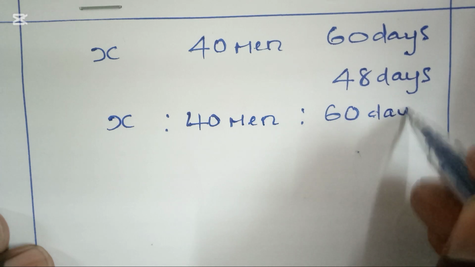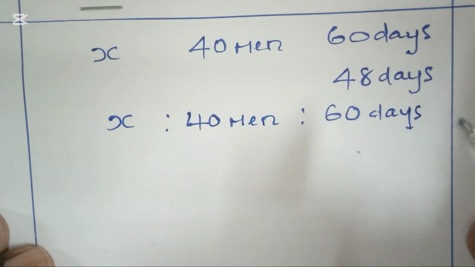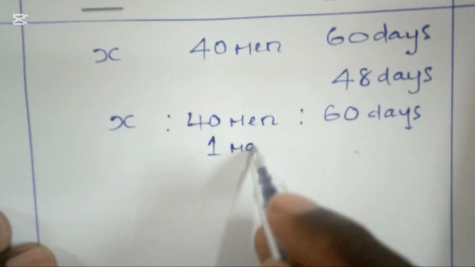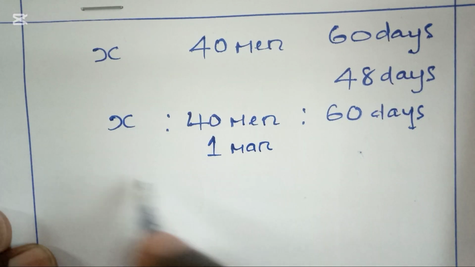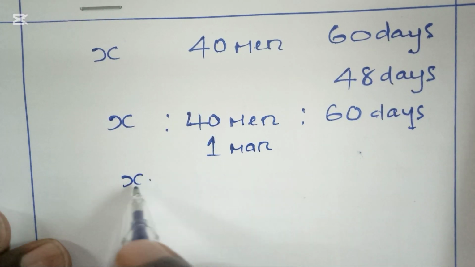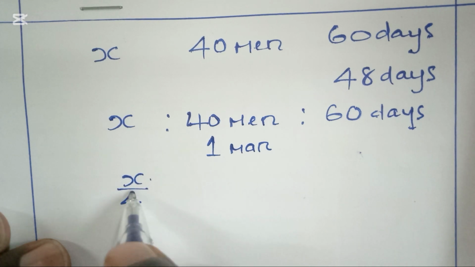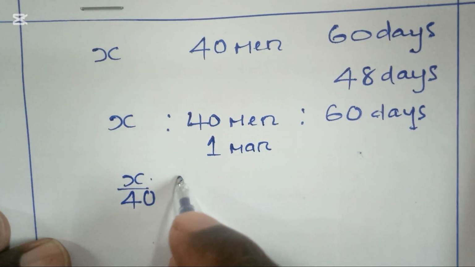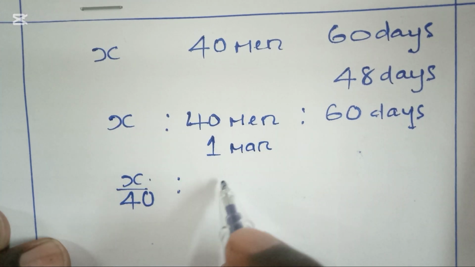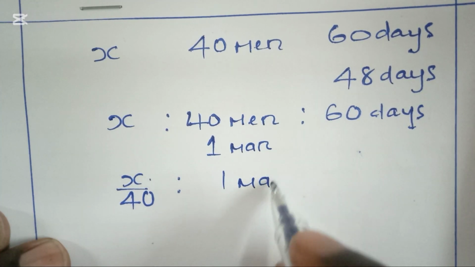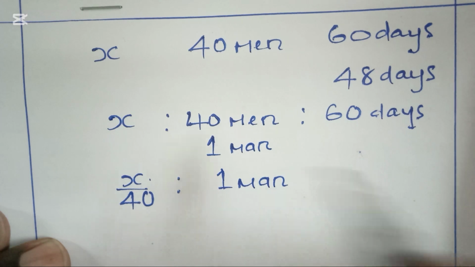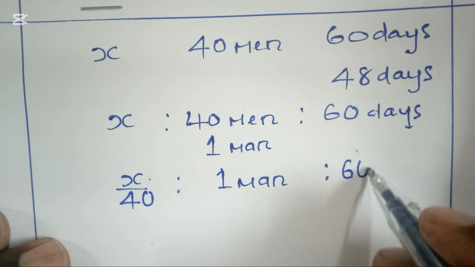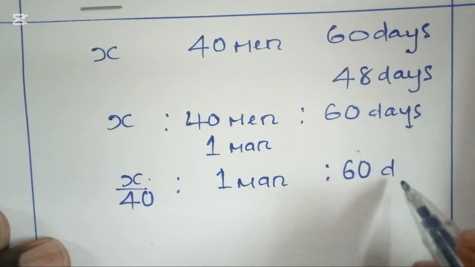The fraction that can be done by that one man, we write here one man, will then do X all over 40. This is the work that can be done by one man in 60 days.